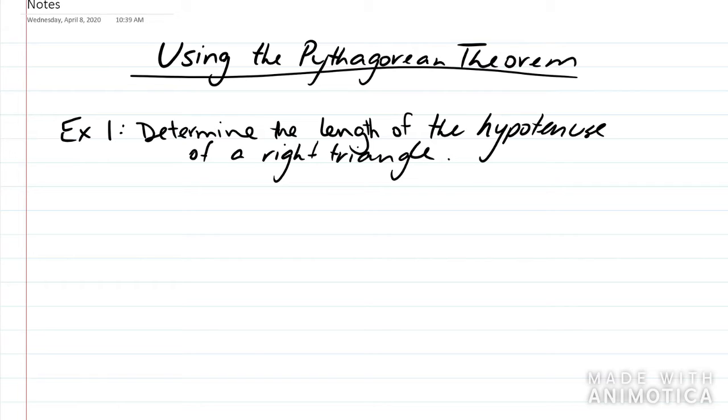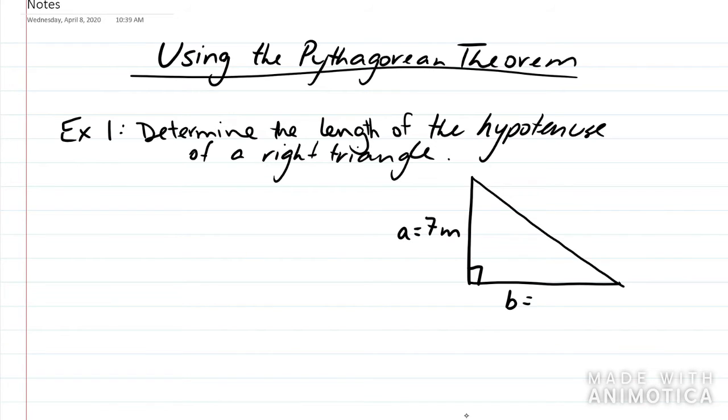So we always draw our triangle first. And in this question, I actually would give you the triangle. I say that this is the right angle, and A is equal to 7 meters, B is equal to 10 meters, and we need to find out what C is.